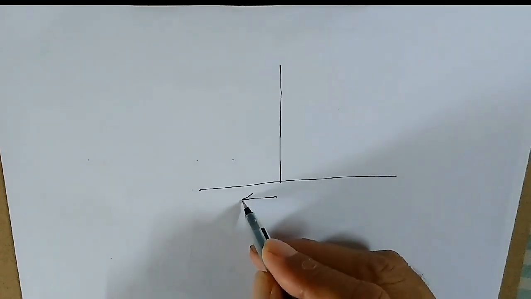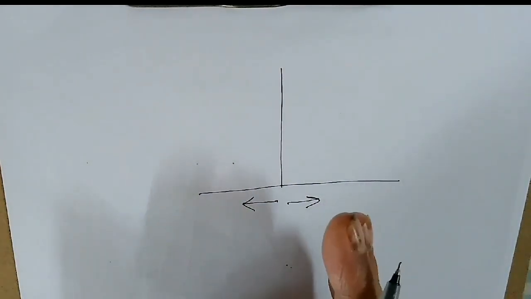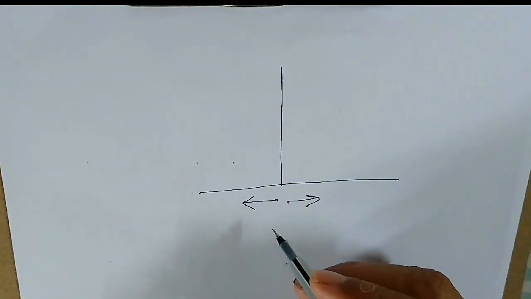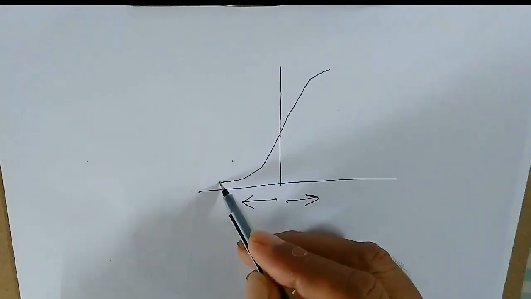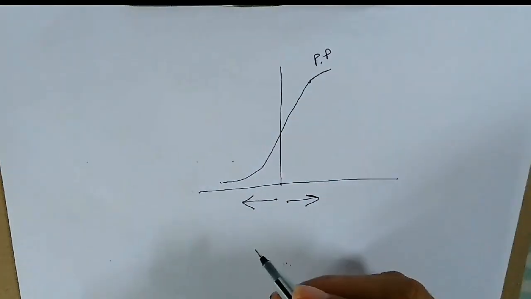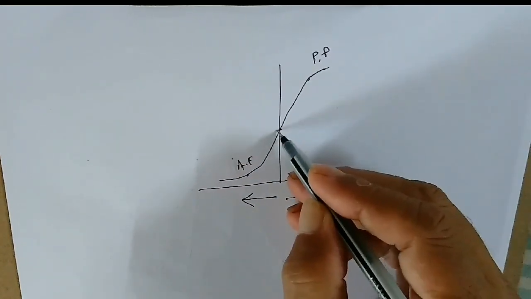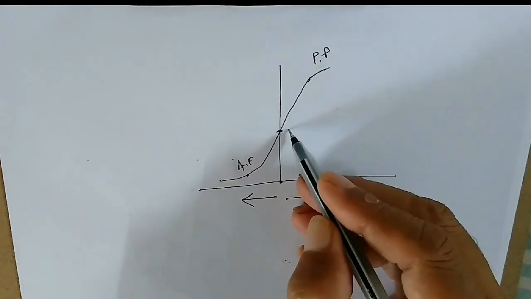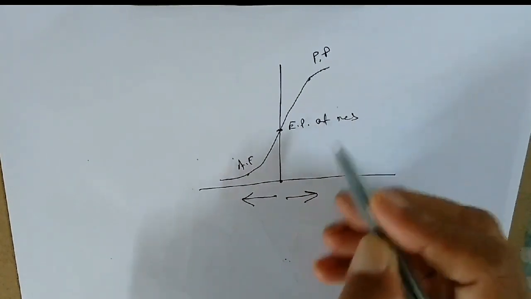This is the movement leftward, rightward, both ways the wall moves, and the height represents the magnitude of the pressure. The highest pressure is passive pressure, PP. The lowest pressure is active pressure, and when the wall is not moving, that is in zero movement, this is earth pressure at rest.